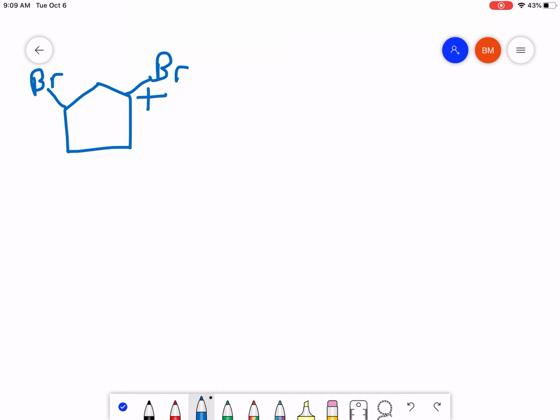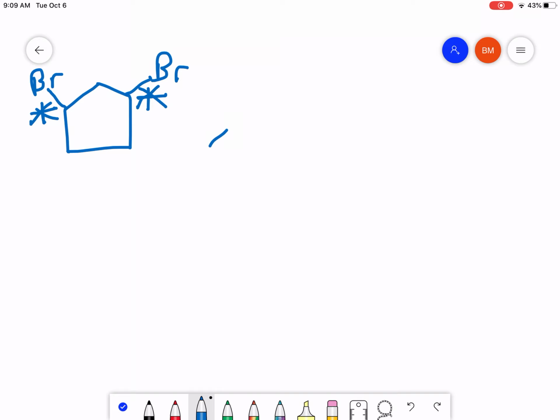We got one. There's one right there. There's one right there. Okay. So we go about our business and we can draw all the possible stereoisomers. Since we have two stereogenic centers, our maximum number is 4, right? All right. Well, let's take a look.